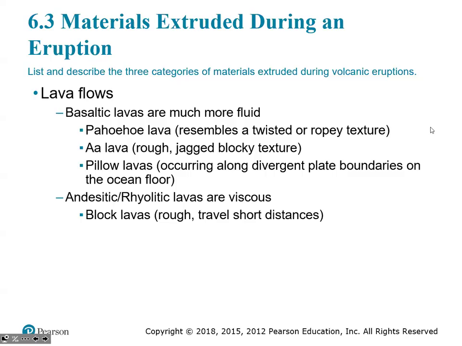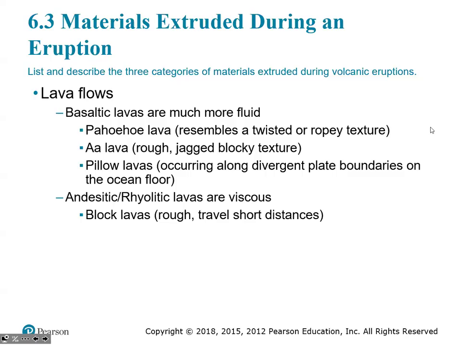You get structures like these, formed from much more fluid basaltic lavas. Pahoehoe lava resembles a twisted or ropey structure, while aa lava has a rough, jagged, blocky texture. These form from the top layer cooling and the bottom moving underneath.